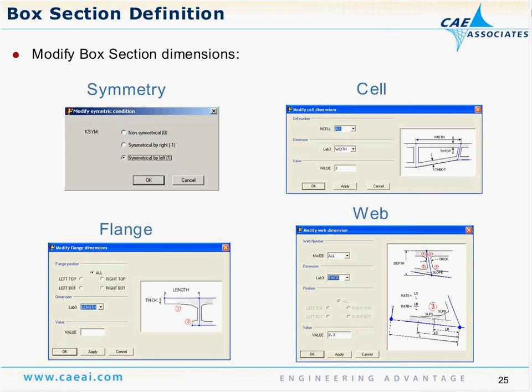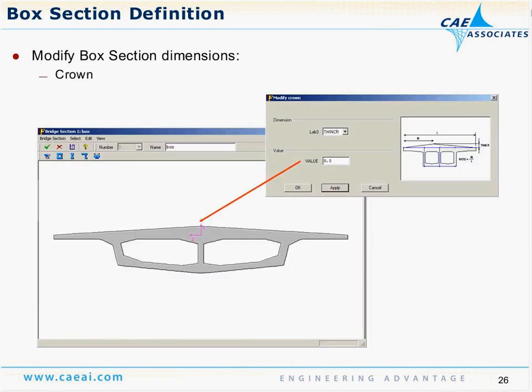We can make tapers, we can make local radii in the webs, etc. So with a series of pull-down GUIs, with a very short amount of time, you can build some very complex cross-sections. You can make modifications to those cross-sections, put a crown on for the water being traveled to the sides.